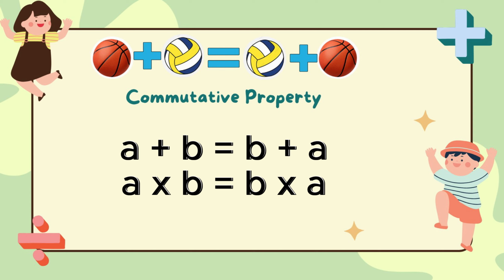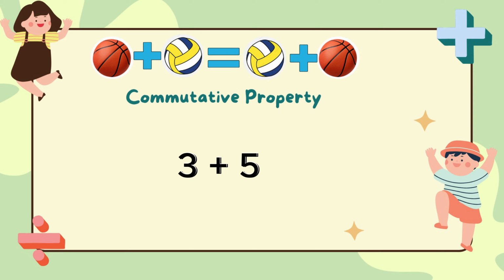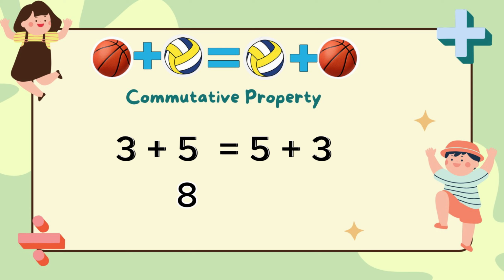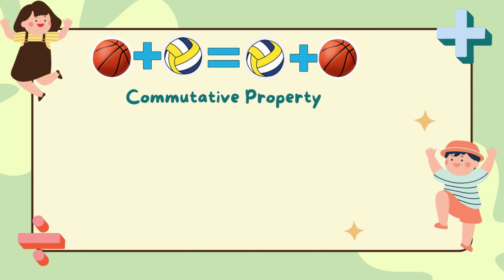So, here's the example. 3 plus 5, so let's try to interchange. 5 plus 3. This is an example of the commutative property. Now, 3 plus 5 is equal to 8 and 5 plus 3 is equal to 8. So, what have you noticed? They are still equal. Another example, I have 4 times 5, same as with the addition, this is equal to 5 times 4.